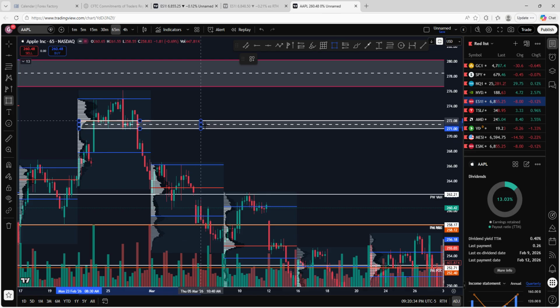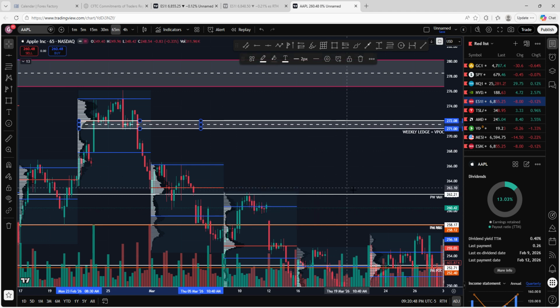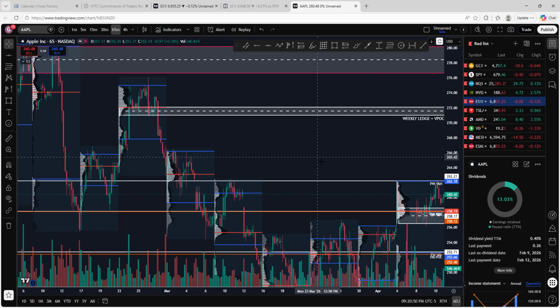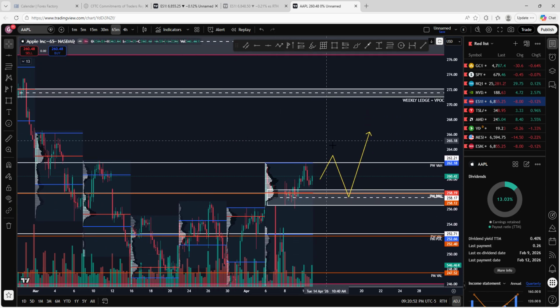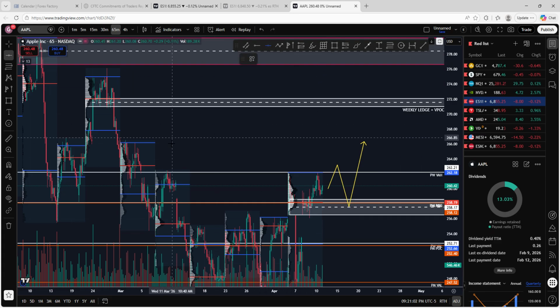and here you could go and write weekly ledge plus VPOC. This is going to be a good target if they defend this area. Again, on the way up, this is what I would do.